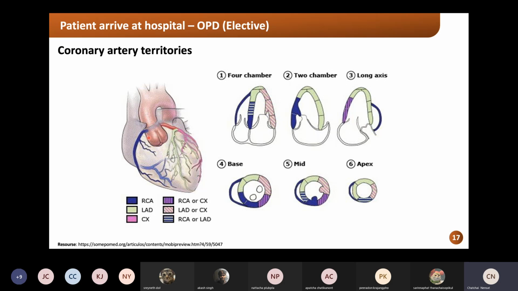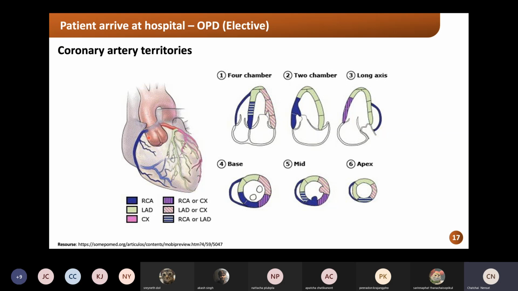You can see that the RCA will serve the right side of us, like the right atrium and some of the left atrium as well, the sinus node also, and also the left ventricle that accounts as the inferior part of the heart structure.